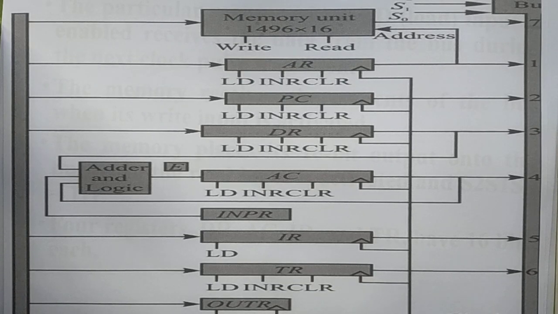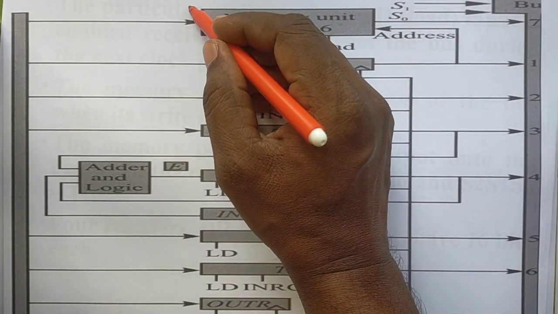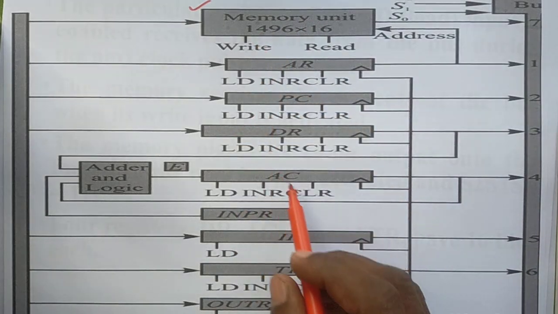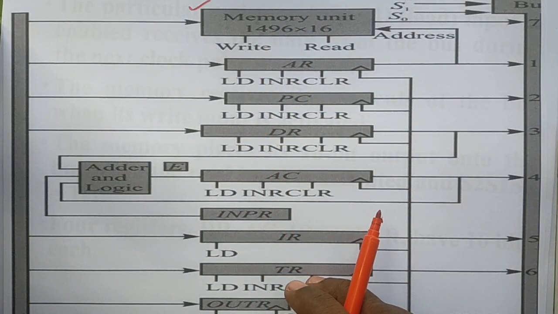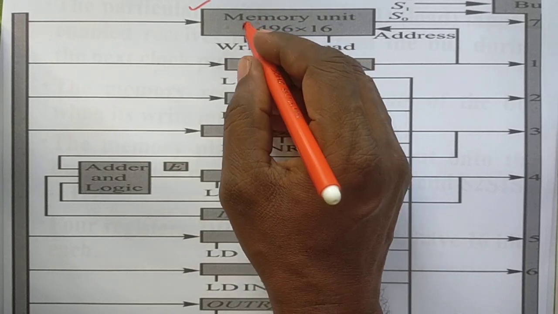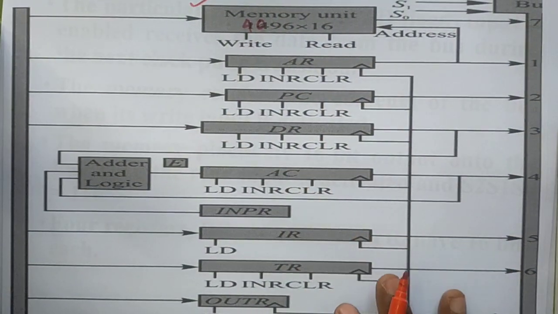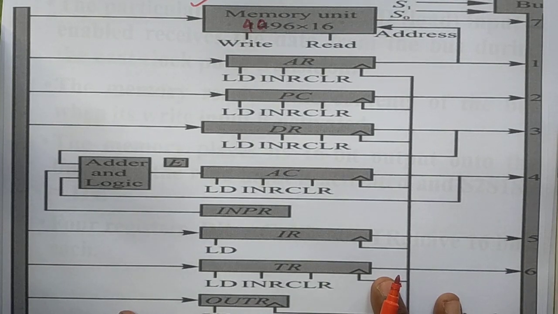So here I told that the memory content is 4096 actually. Okay, 4096 into 16. Memory data is 4096 into 16.